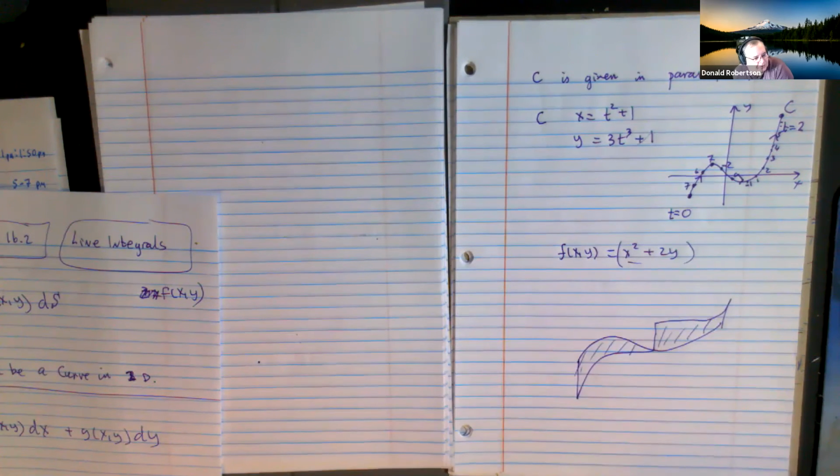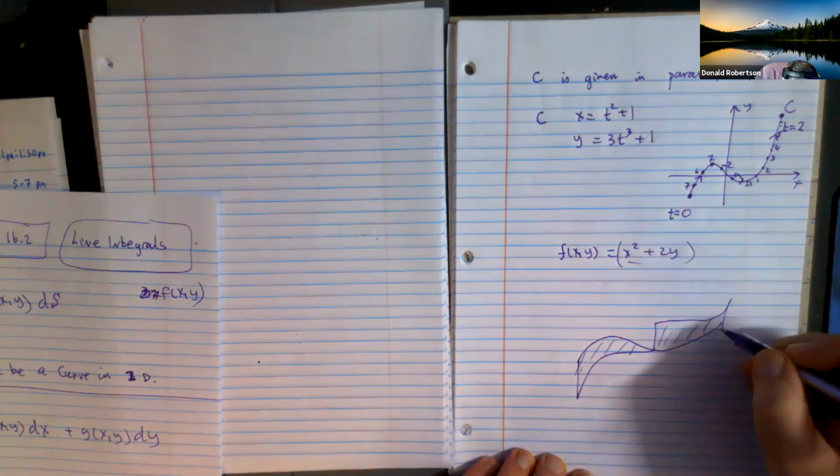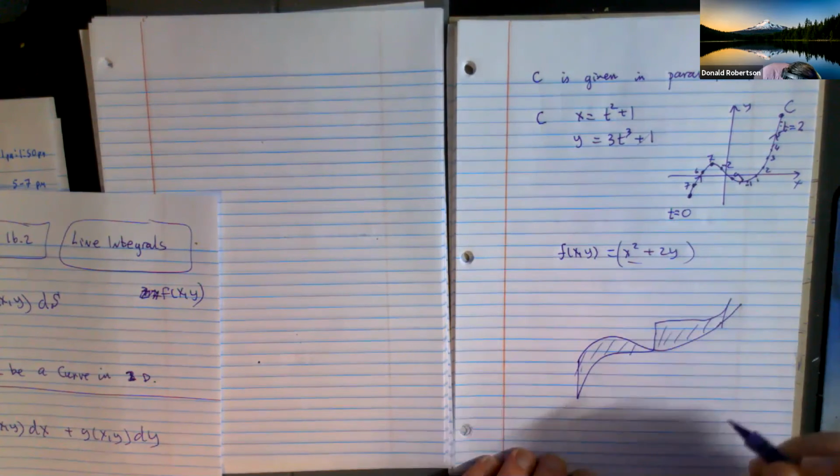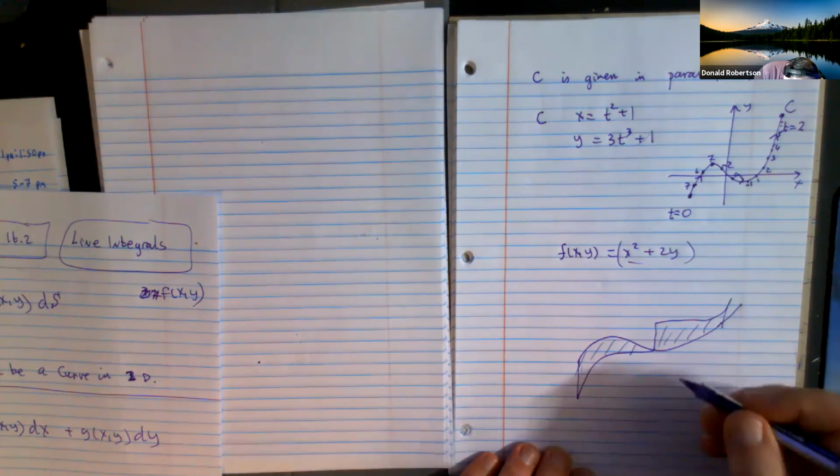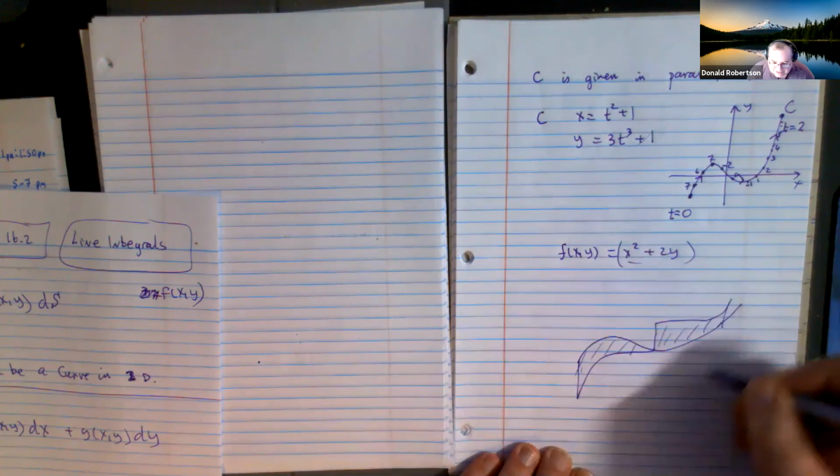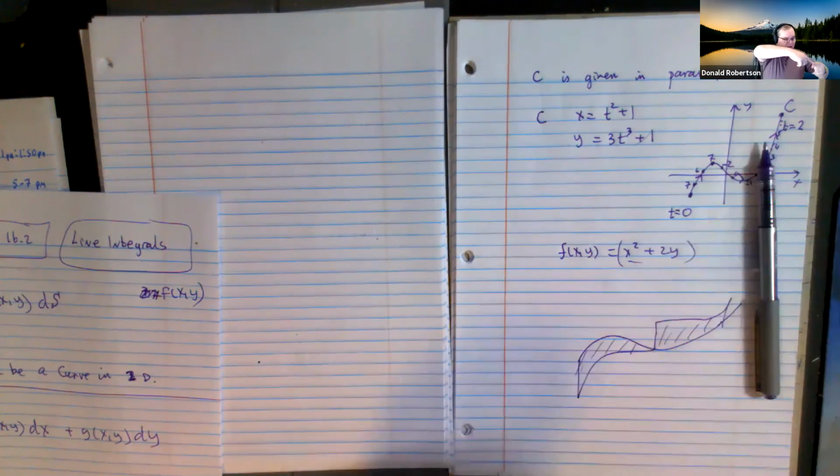So it is possible for a line integral to be positive, and it is possible for a line integral to be negative. Now, this is not very clear. I totally agree with you, but I'm trying to draw in 2D a 3D thing. So here's the brain. Can you imagine you're doing a curve in 2D space right now, right?